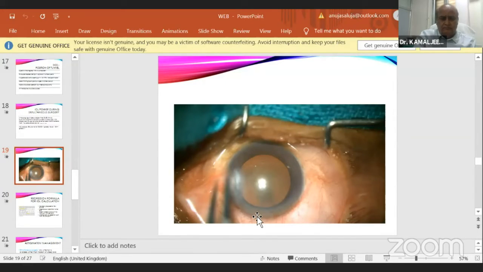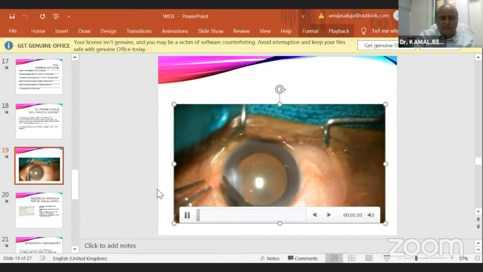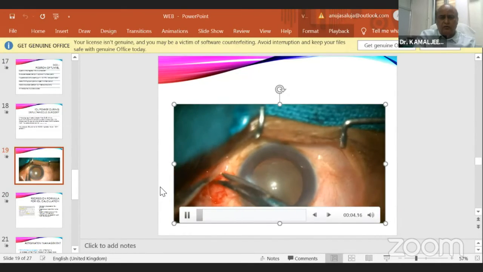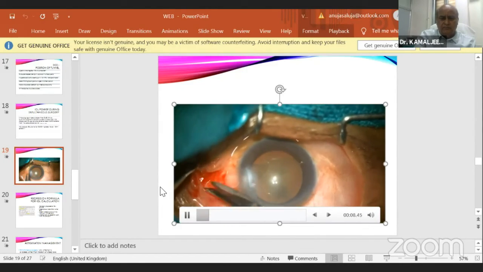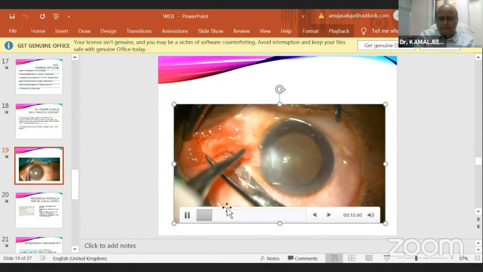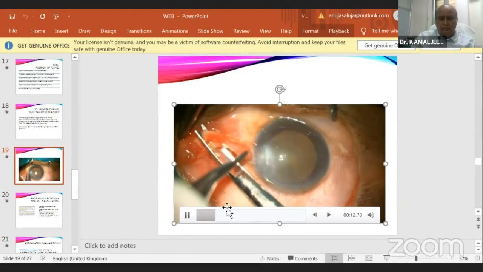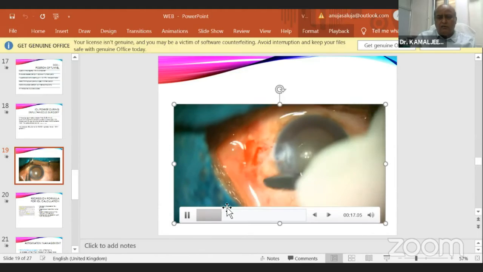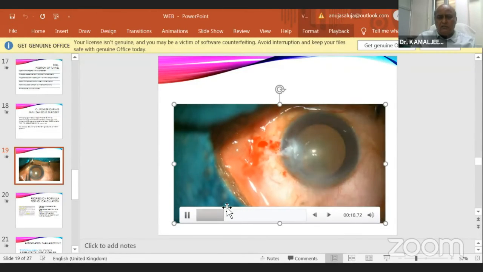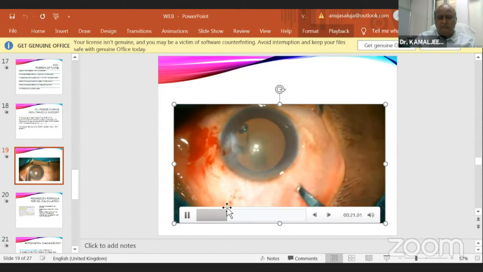This is a small video of a pterygium like this. So you do a normal pterygium first. It is a simultaneous surgery, so that can be done. And the pterygium is excised. A conjunctival autograft can be done, or in a small pterygium you can keep it just a bare sclera.